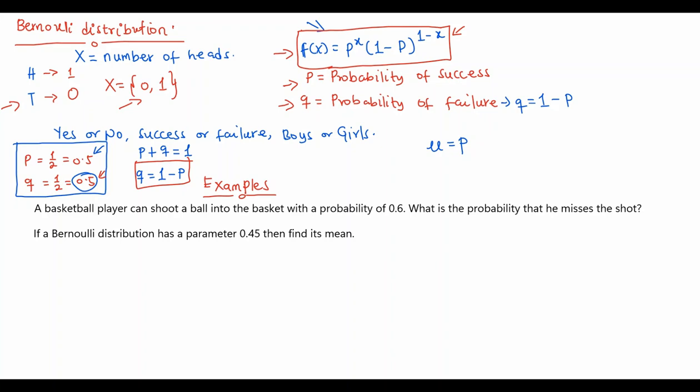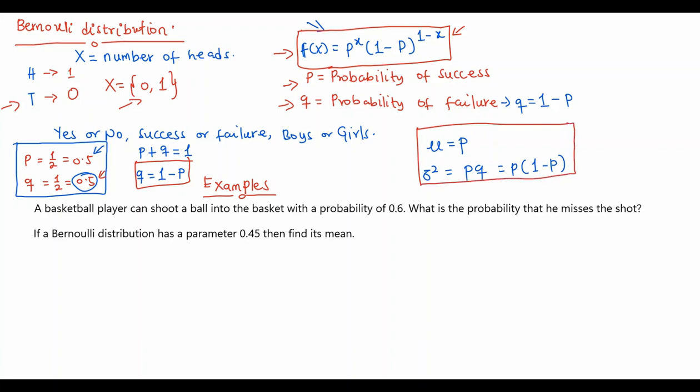And then the variance will be equal to p times q, or p times 1 minus p. Okay, this is what it means. So if a random variable has a Bernoulli distribution, then you can use this to find the mean and then the variance.